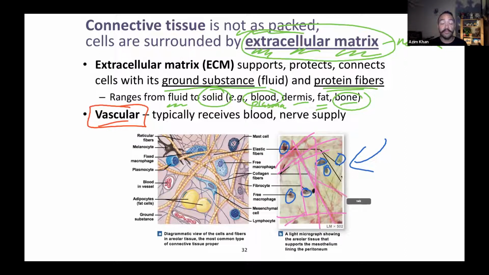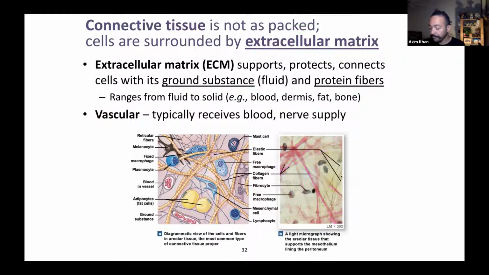Those are part of the extracellular matrix. Those are not cells. They are protein fibers, lots and lots of them packed together. That's why you can see it under this microscope. We'll take a look at what cells make up these connective tissues, and also, very importantly, what's in between the cells that make up these connective tissues.